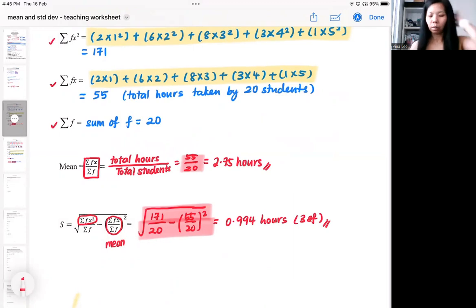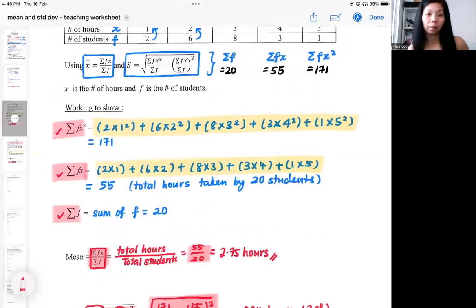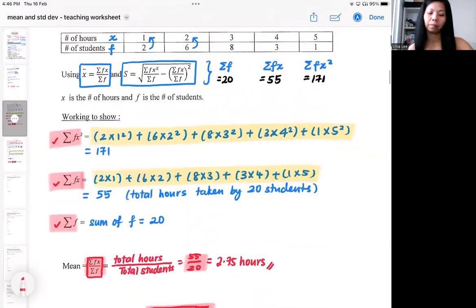Okay, so you got to show the formula with the numbers input. Formula and the input numbers that you put inside the formula. So that's why I wrote what are the formulas to show. You need to show the 3 items and how the 3 items get input into the formula.